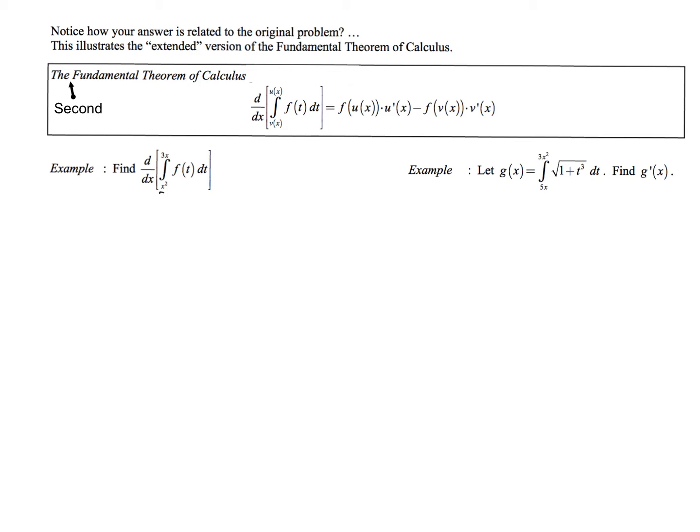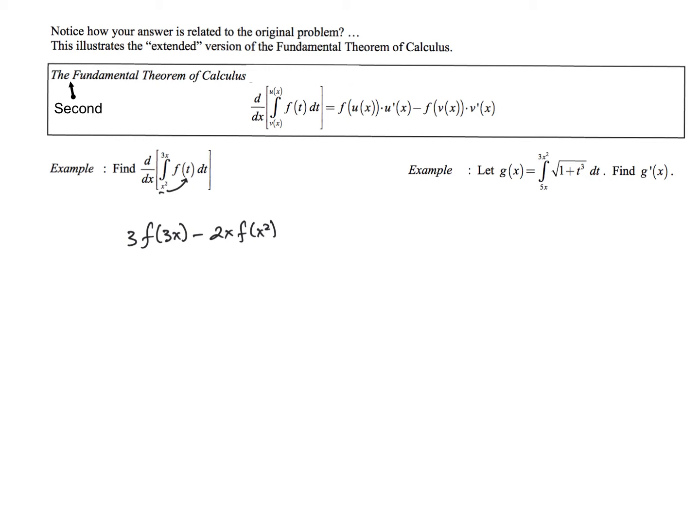This isn't used very often, but in case it is. So I now have f of what? 3x, but what pops out? A 3. Minus, now I substitute in what? x squared. So now I'd have f of x squared, but what pops out? A 2x. So that would be my derivative of that integral. See how that worked?